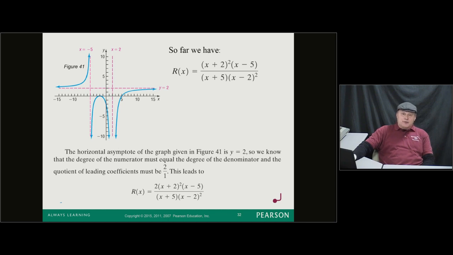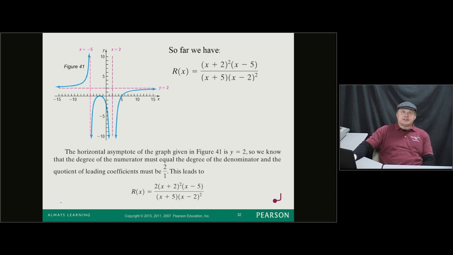Do you see how things work backwards? I had to find aspects of the graph, and remind myself how I found those on the graph in the first place. When I saw those vertical asymptotes, how do I find the vertical asymptotes? We have something that makes the denominator 0. So when I saw the vertical asymptote x equals 2, I knew there was going to be a denominator factor of x minus 2.